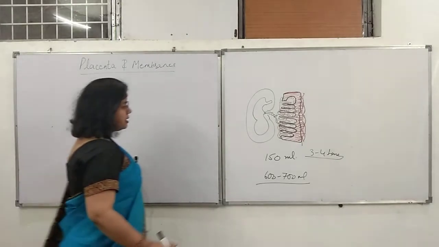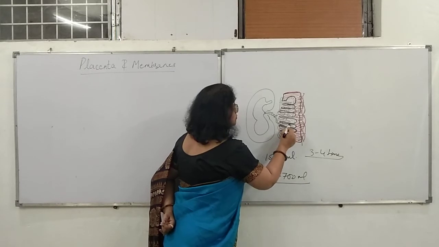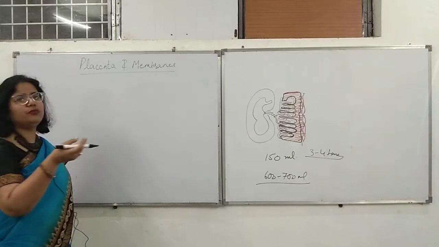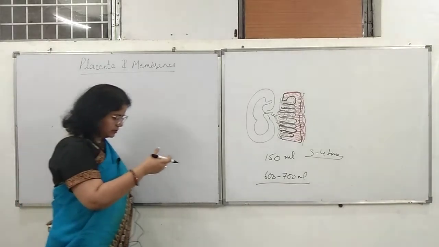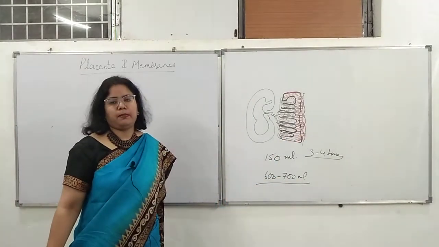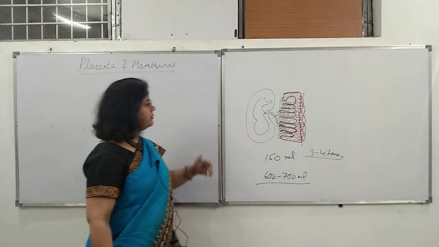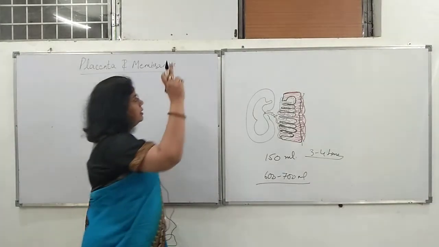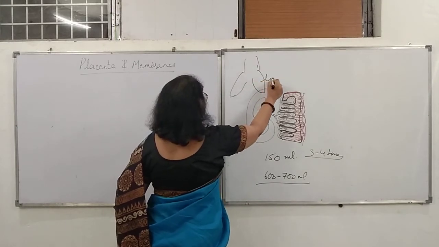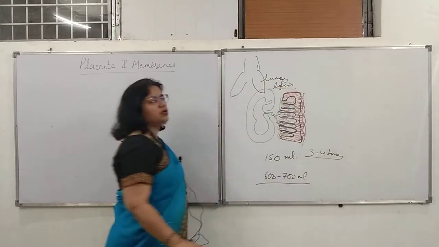Now, as I have told you, this is lined by trophoblastic tissue, and maternal blood is in direct contact with it. So some trophoblastic tissue cells, along with this blood, enter the maternal circulation as sprouts, and in the maternal circulation, in the lungs, lysis of these trophoblastic cells occurs.